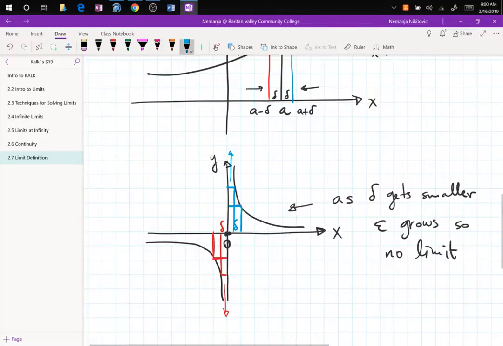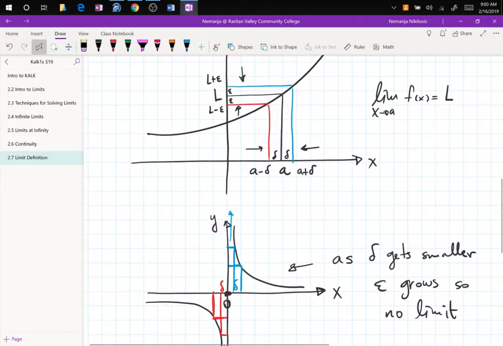So as I squeeze here, these y values just go apart, which is completely opposite than what we had earlier in a previous picture, where a squeeze on delta provides a squeeze on y, right, on epsilon, and then we'll just get a pre-calculus situation where input is providing a single output. Over here, as you squeeze, these guys just go opposite of each other, and there is no limit in that case.